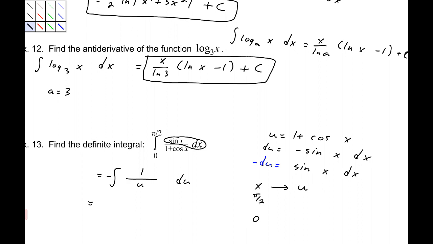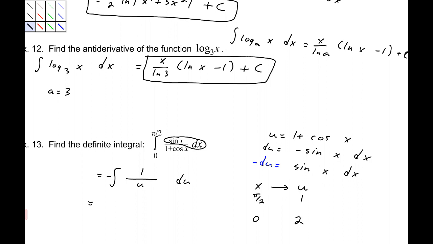All right. 1 plus cosine of pi over 2 is 1. I'm going to do that again. Cosine pi over 2 is 0, so 1 plus cosine of pi over 2 is 1. And 1 plus cosine of 0 is 2.